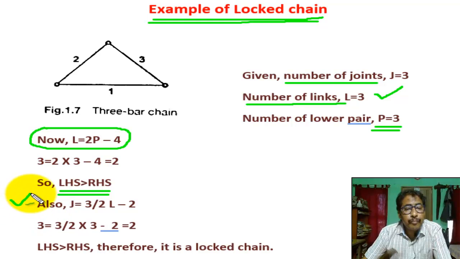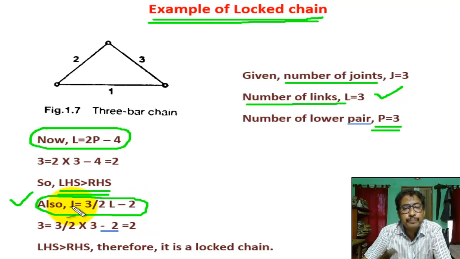Also in equation 2, we know J equal to 3 by 2 into L minus 2.